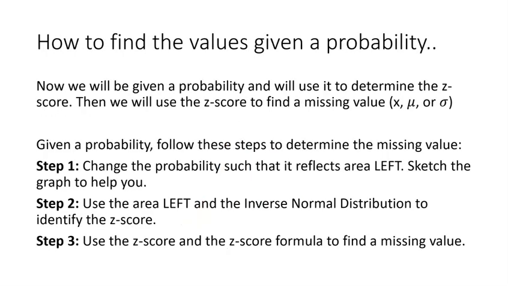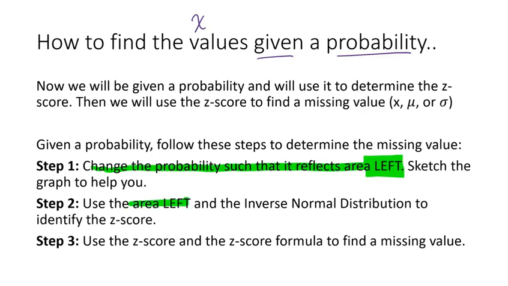So if I'm trying to find the values, aka I'm trying to find the x given a probability, then first we're going to use that probability to find z. Now, please be aware that when we do this in the calculator, I have to first make sure the probability is set up as area left because the calculator only knows or understands area left when I'm working backwards.